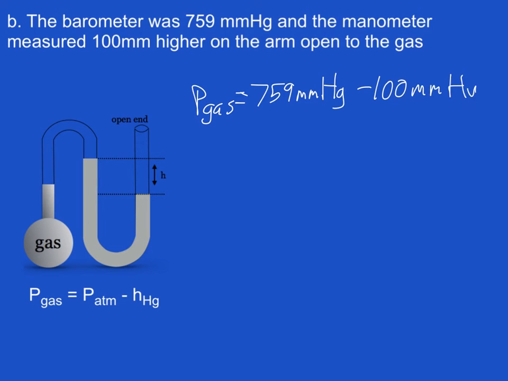Now note, if this came to us in centimeters or something like that, like some of the problems will, you're just going to have to convert that to millimeters, and that will then let you figure it out just fine. So that is going to equal 659 millimeters of mercury.